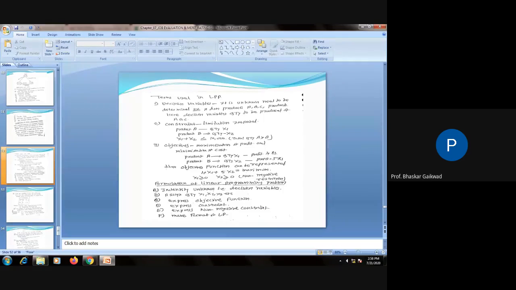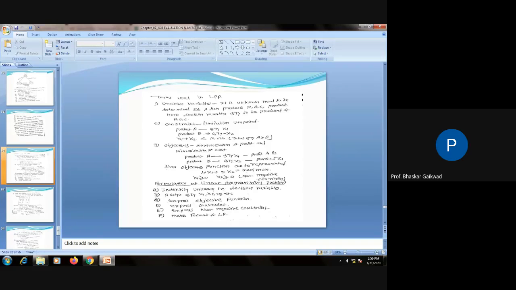If we sell that product for 4 rupees and 5 rupees for A and B respectively, then the objective function should be represented by 4x1 plus 5x2, that is equal to maximum. In this case, your x1 quantity should not be minus, x2 should be greater than or equal to 0. Sometimes 0 production, sometimes greater than 0, but it should not be minus.